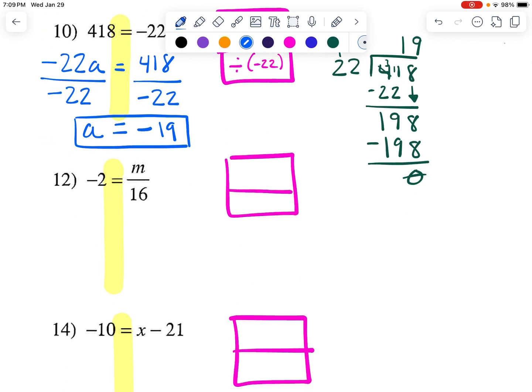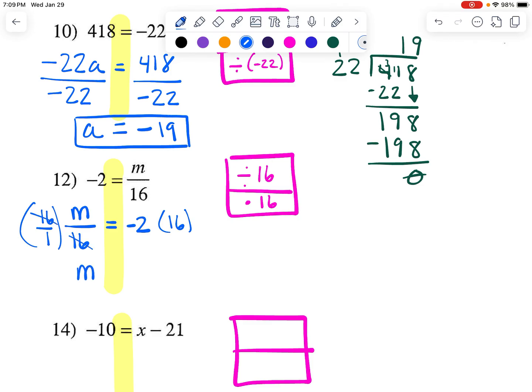All right, number 12. I got M divided by 16 equals negative 2. So M is being divided by 16, which means we need to times by 16. So we have hugs on the left and hugs on the right. 16 over 1 and just a normal 16. These 16s now cancel because they'll equal 1.